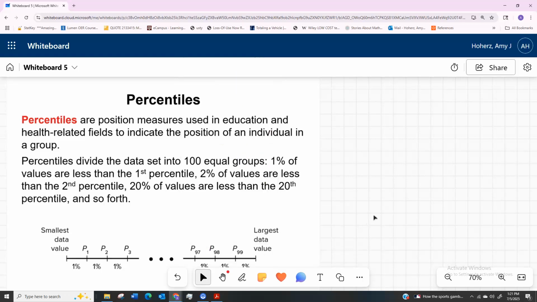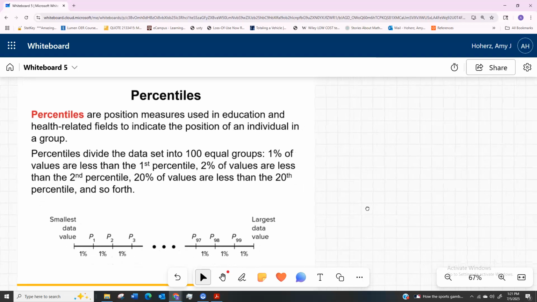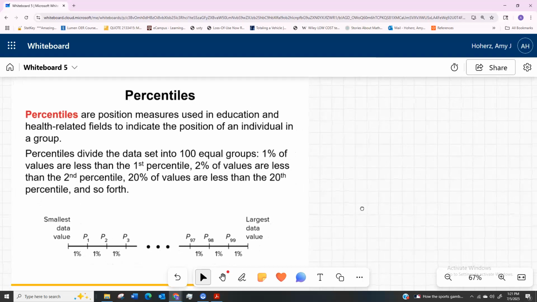the next measurement that we're going to talk about here, which are percentiles. So percentiles are a position measure used a lot of times in education and in health-related fields.